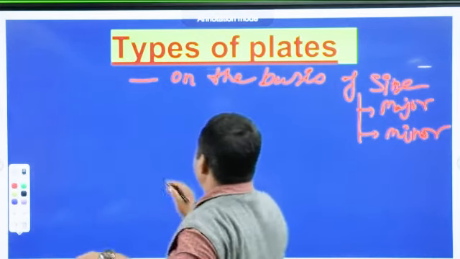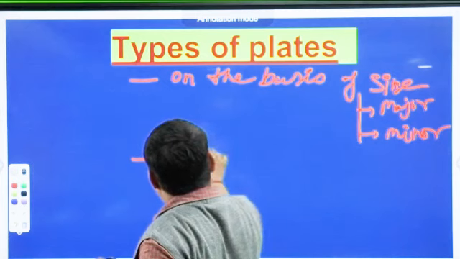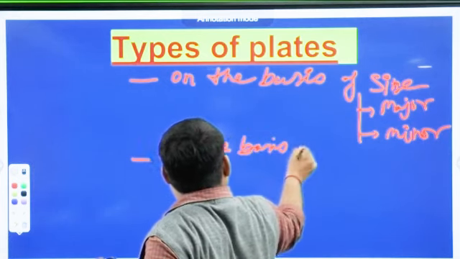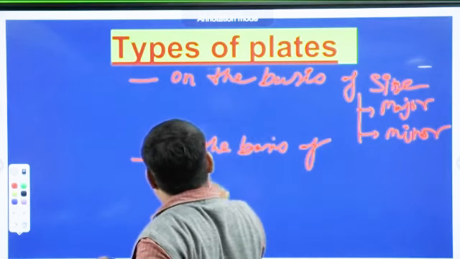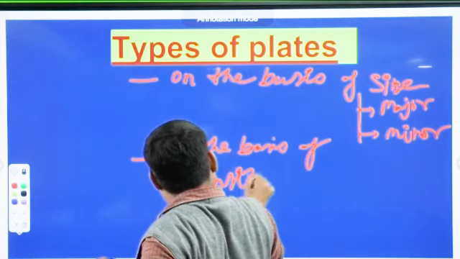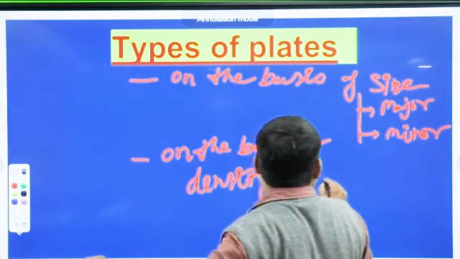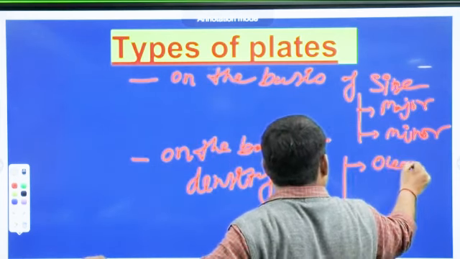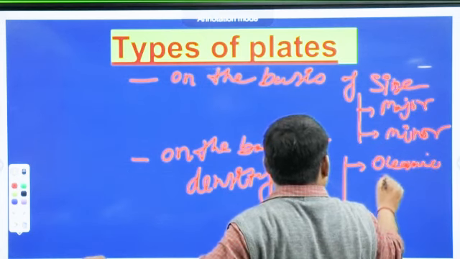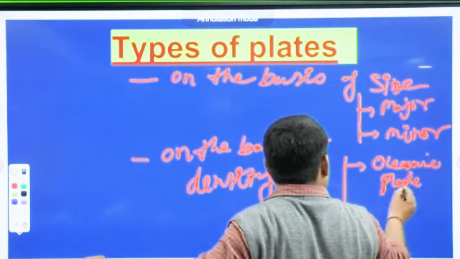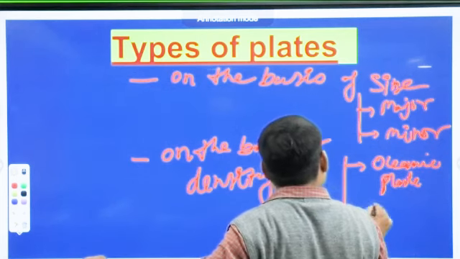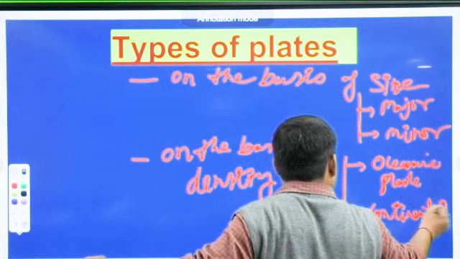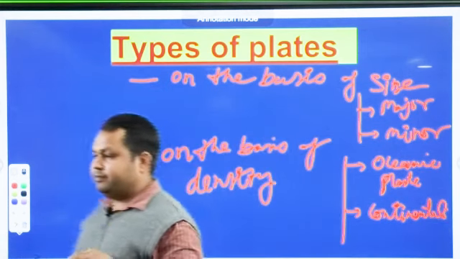On the basis of density, there are oceanic plates and, second, continental plates.